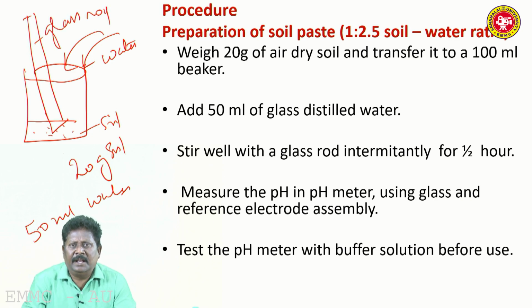Stir it intermittently for half an hour. Stir it, keep for some time, then stir it again, and like that keep it for half an hour. After that, you read the pH using the pH meter after standardization with buffer solution.